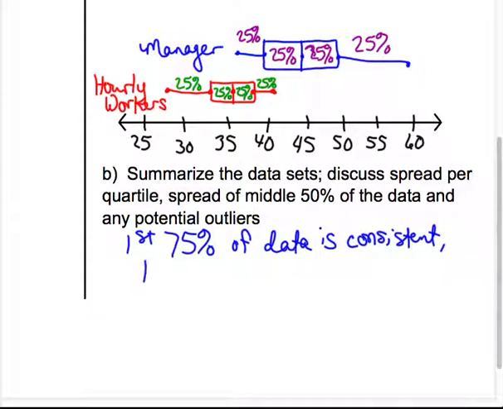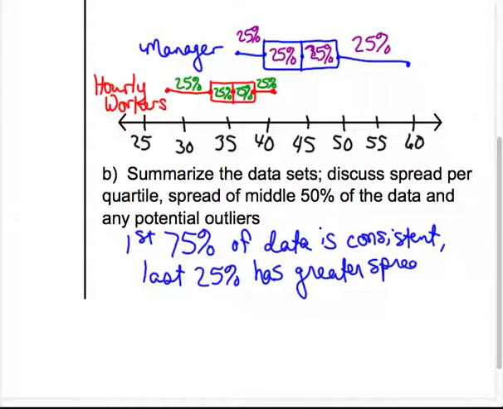And the last 25% has a greater spread. Now, because that whisker isn't huge, I would say it's probably not an outlier. Same with the hourly workers. It's just a bit more spread out than the rest of the data.